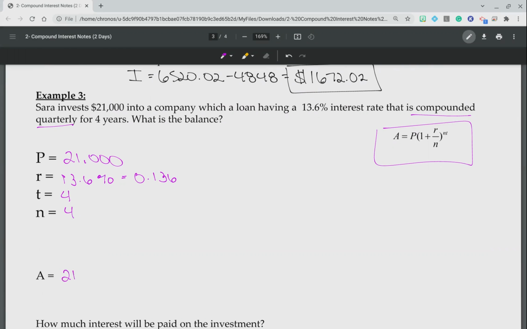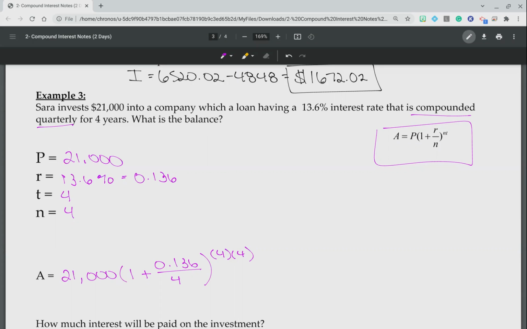Oops, actually write what the principal is. 21,000 times 1 plus 0.136 divided by N, which is 4. And we're going to raise that to N times T. So that's going to be 4 times 4. All right, so type that in your graphing calculator. 21,000 parenthesis 1 plus alpha y, enter, 0.136 over 4, parenthesis.